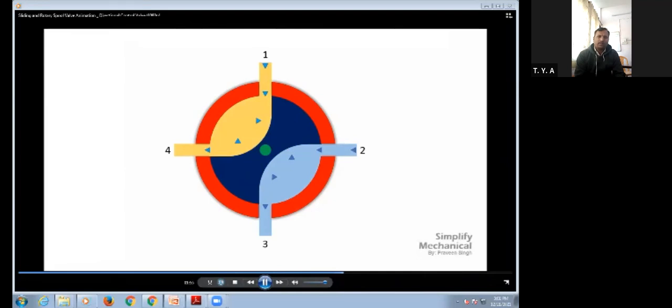From port number 2, you will go from port 3. This is the first position. This is the rotary spool.